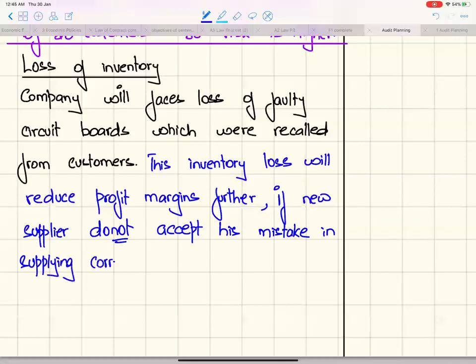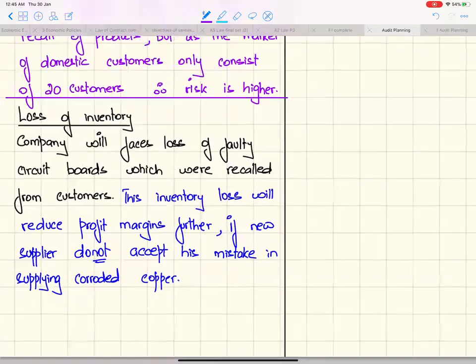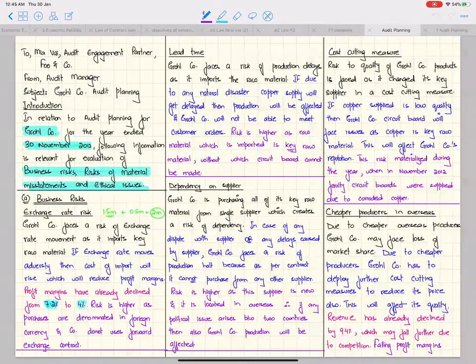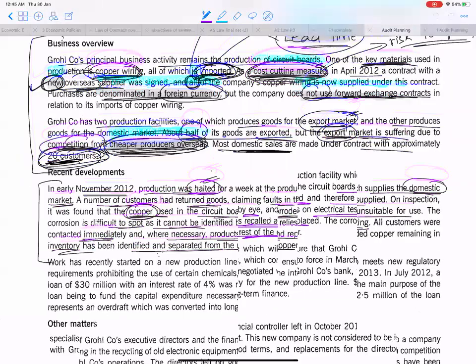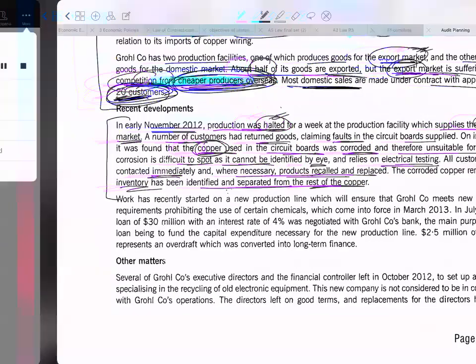If that new supplier will not accept his mistake, then obviously all the loss will fall on Grohl company. Company will face loss of circuit boards which were recalled from customers. Now, what is the evaluative comment? Can anyone tell me? Let's see. One minute. On inspection, it was found.